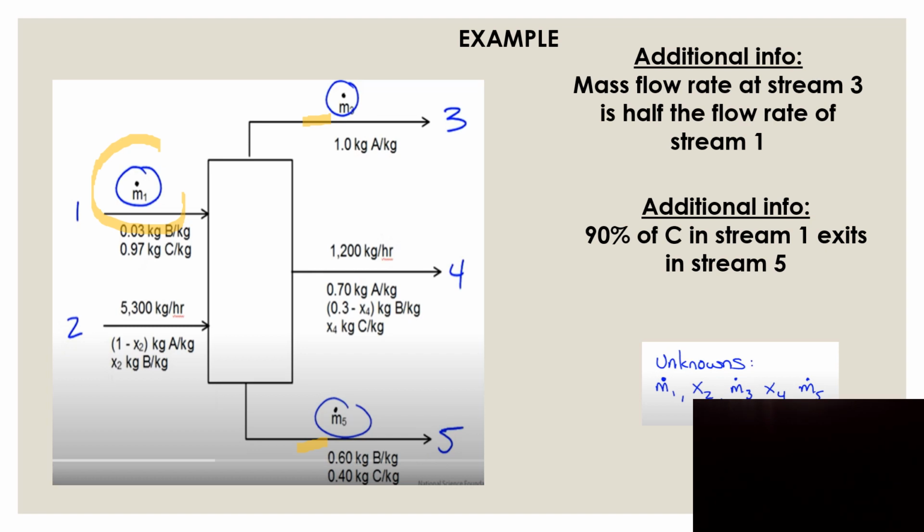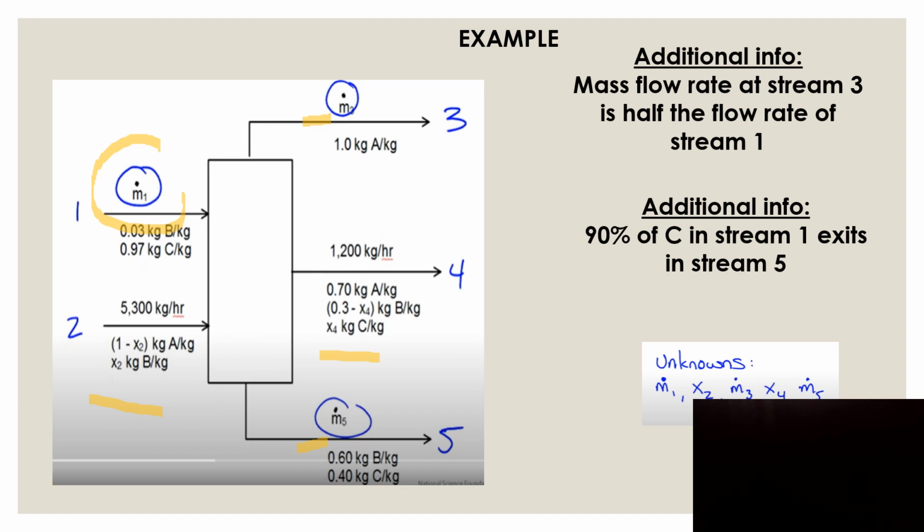We express M1, M2, and M5 according to the number of streams. So you can denote stream 1, stream 2, stream 3, 4, and 5. And then we also have unknown compositions, X2 for stream 2 and X4 for stream 4.